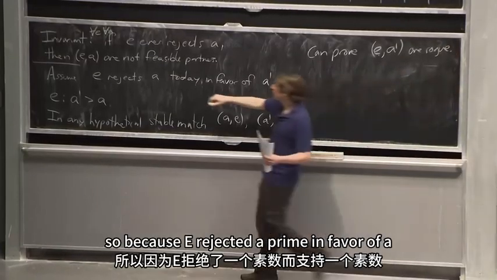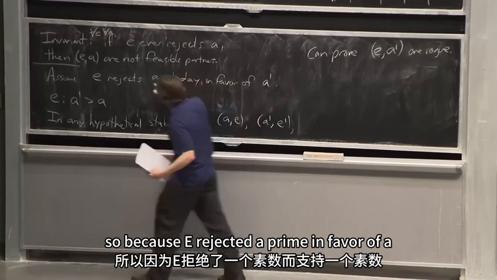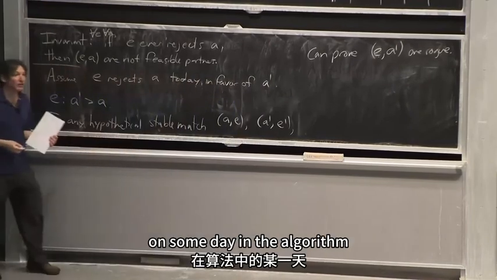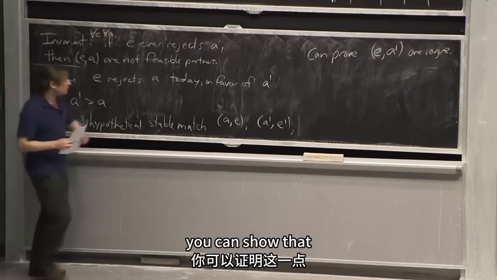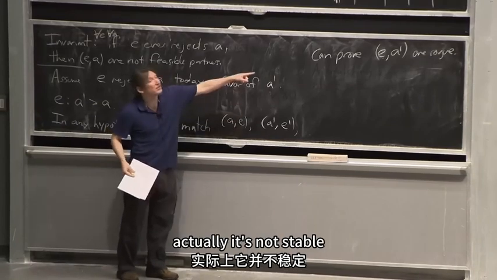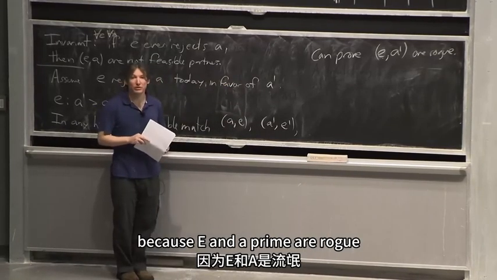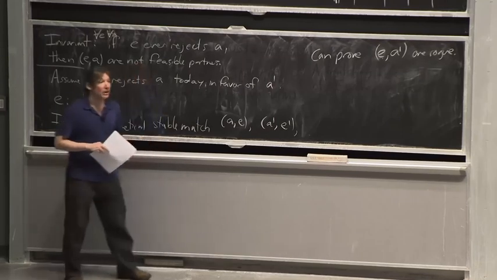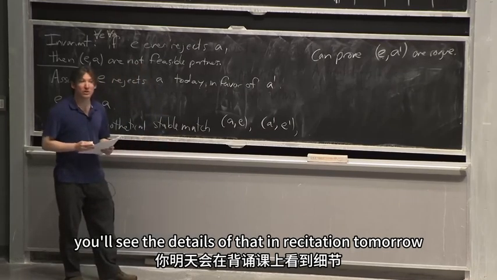So because E rejected A prime in favor of A on some day in the algorithm, you can show that anytime you try to pair A with E together in a stable matching, actually it's not stable because E and A prime are rogue. They each prefer each other. You'll see the details of that in recitation tomorrow. Thank you so much.